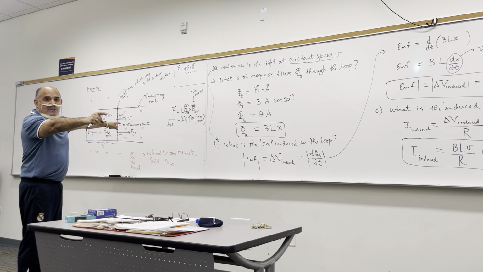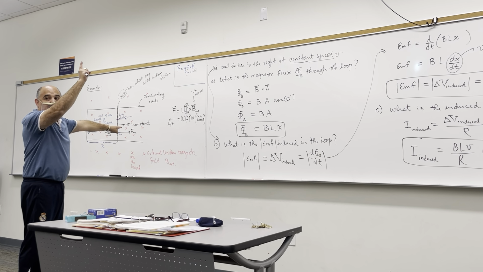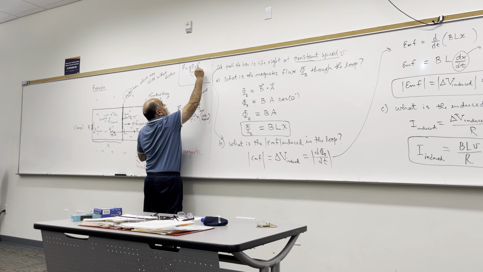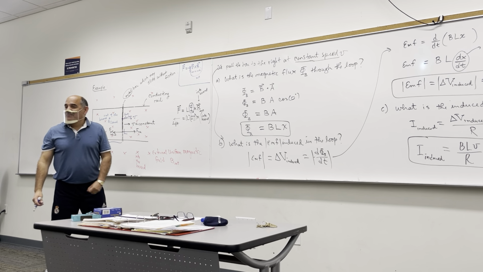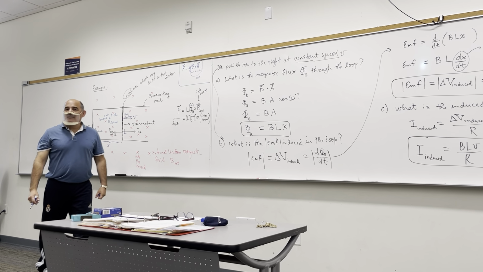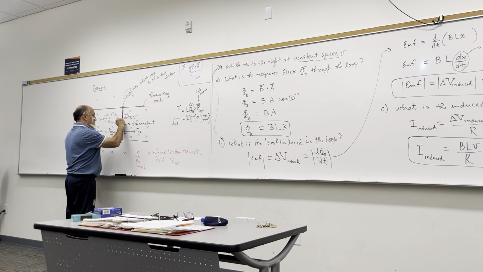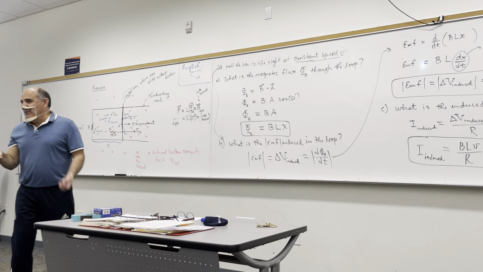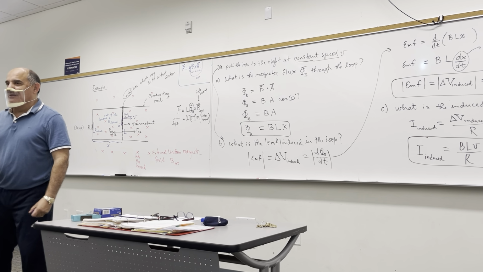Up. To the right cross into is up, so this cross product will be up. But don't forget, electrons are negatively charged, so the force on them will be down. But if the free electrons move down, which way do we say the current is directed? Up.